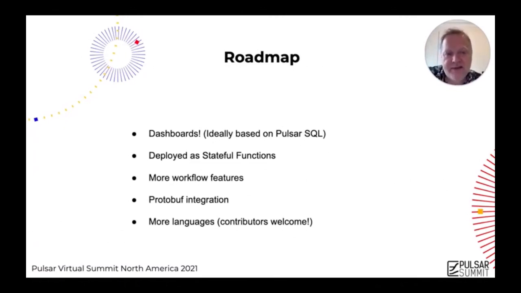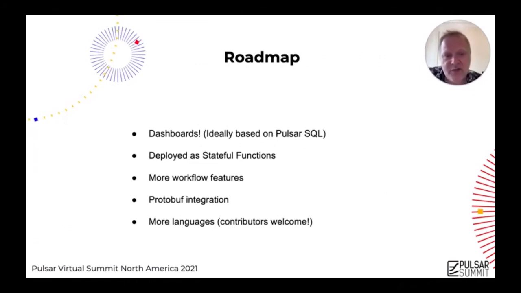Ideally, I will base this on Pulsar SQL. It could be a bit slow because, as you know, you can't currently index data in Pulsar SQL. But I would like to reach this point where I do not need to add additional infrastructure.